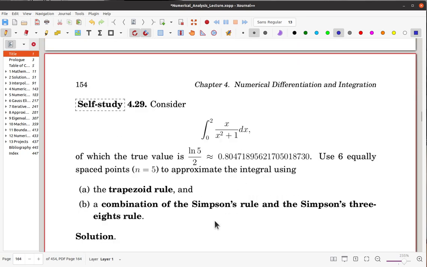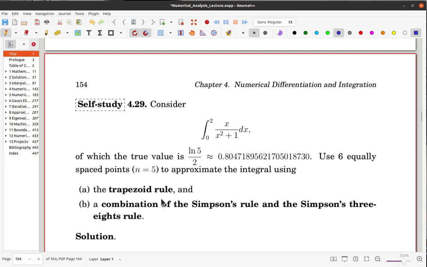Here we have a self-study problem, the integral from 0 to 2. The true value is this one, and we'll use 6 equally spaced nodes, so n is 5 subintervals, to approximate the integral.